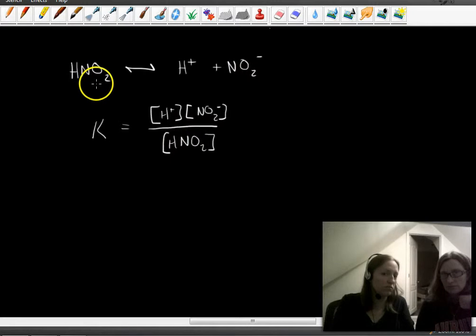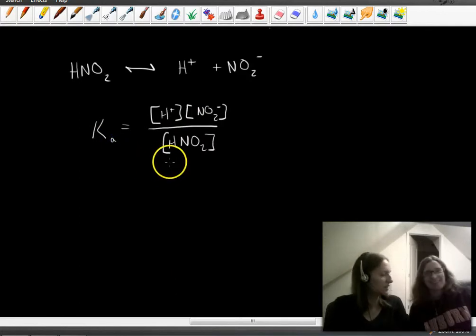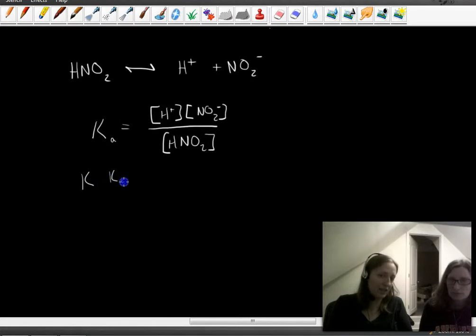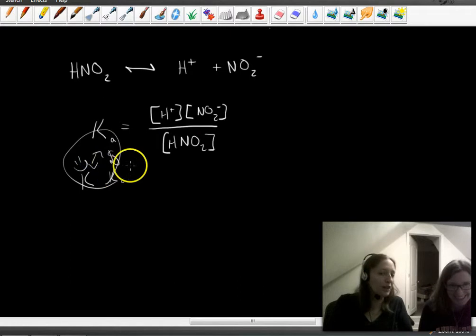When this is an acid and you set up this equilibrium expression, you put a little a just to remind yourself that this is dealing with something that is an acid. So your Ka is really just your equilibrium expression, and you're remembering that it's acidic. Before, we've dealt with K, or sometimes Kc, to remind ourselves that we're dealing with concentration. So this is really the same thing as all of these. You've done this. You're fine.